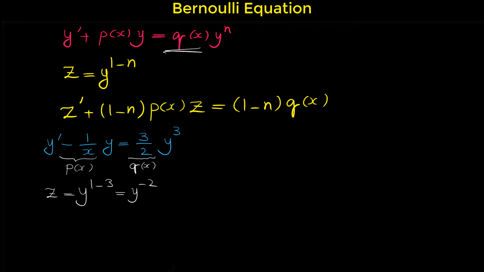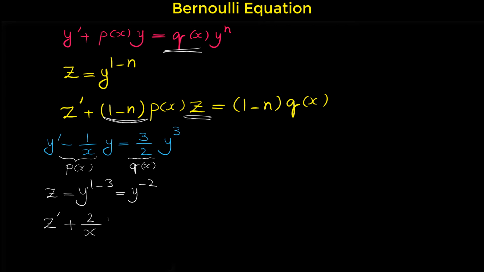This differential equation transforms to z prime plus (1 minus n) times p of x. 1 minus n is negative 2, because 1 minus 3 is negative 2, and p of x is negative 1 over x. Negative 2 times negative 1 over x is plus 2 over x.